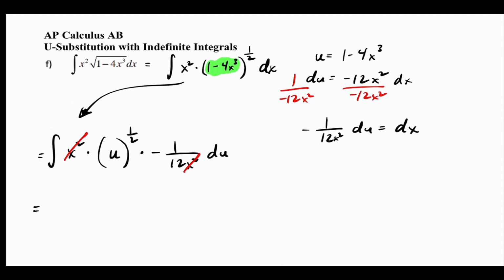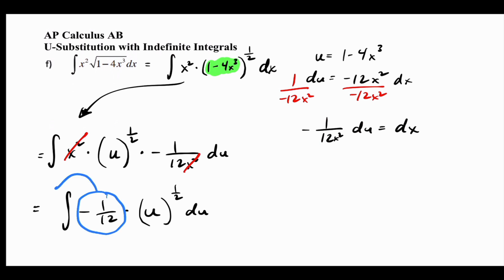So we're left with u, negative 1/12 times u to the 1/2 du. This guy just move to the front and do your thing.